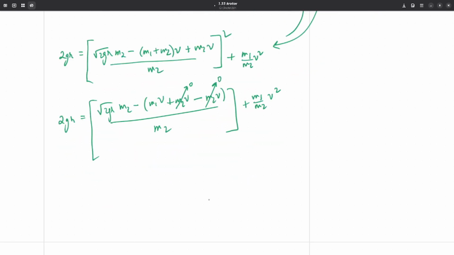So we have 2gr is equal to (root 2gr minus m1 v by m2) whole square plus m1 by m2 v square.